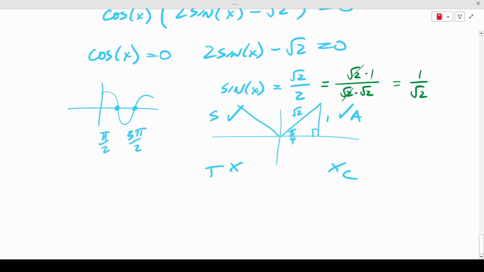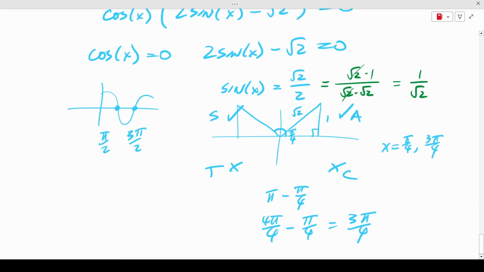And then what's the corresponding angle in the second quadrant? Well, it's pi minus pi over 4. That's going to be 3 pi over 4, right? Pi minus pi over 4 is the same as 4 pi over 4 minus pi over 4. That's the same as 3 pi over 4. So from this, I get that x is pi over 4 and 3 pi over 4.